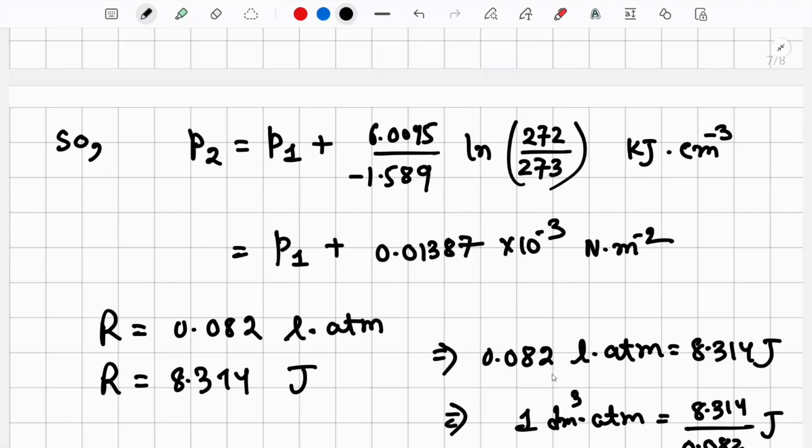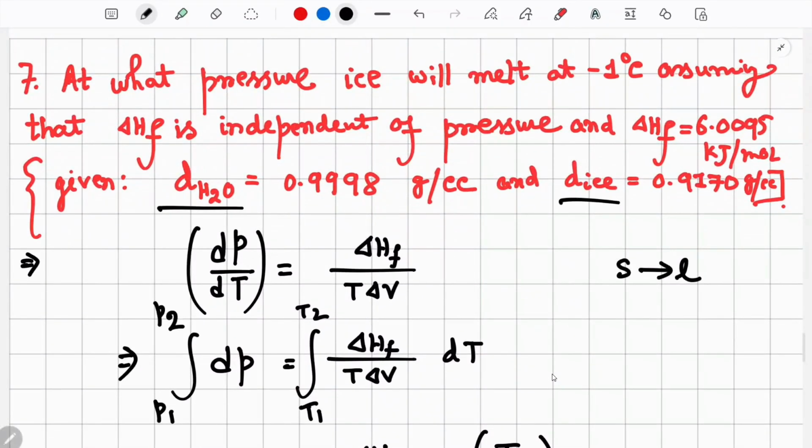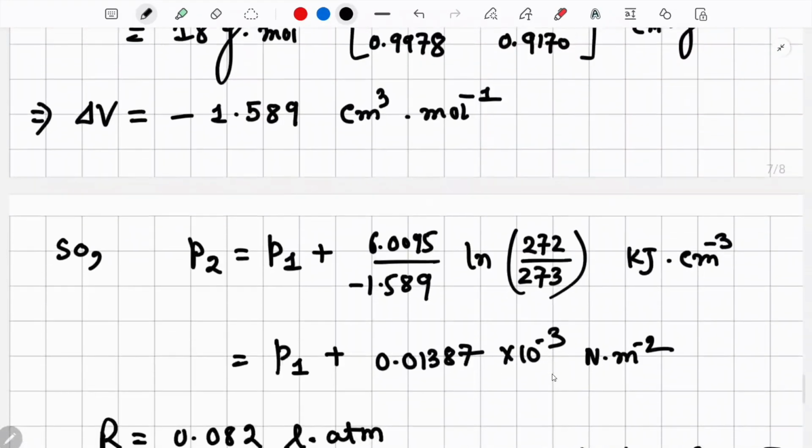I am calculating again. This is kilojoule, so here is a 10 to the power. They have remarked it is kilojoule.